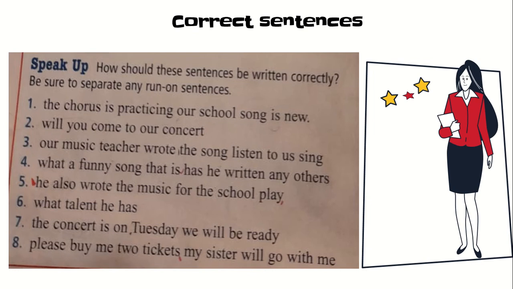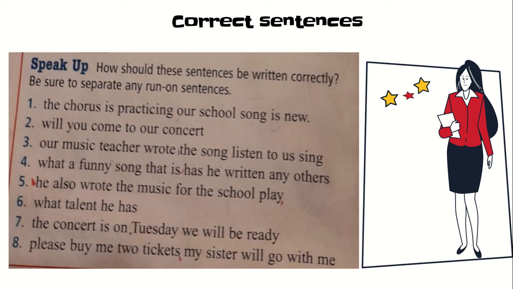Now, I want you to copy this in your notebook. You don't need to copy the class because you have that information already. How should these sentences be written correctly? Be sure to separate any run-on sentence. First, you have to read the sentence to identify if there are two sentences in one.